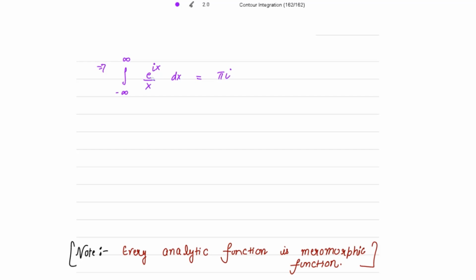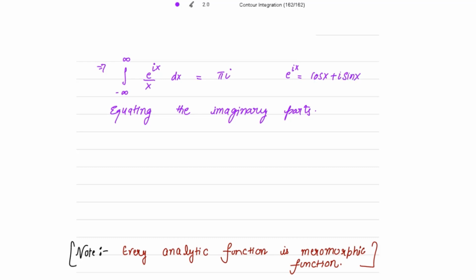Now equating the imaginary parts, please apply Euler's formula here first. What is e the power iota x? This is cos of x plus iota sine of x.